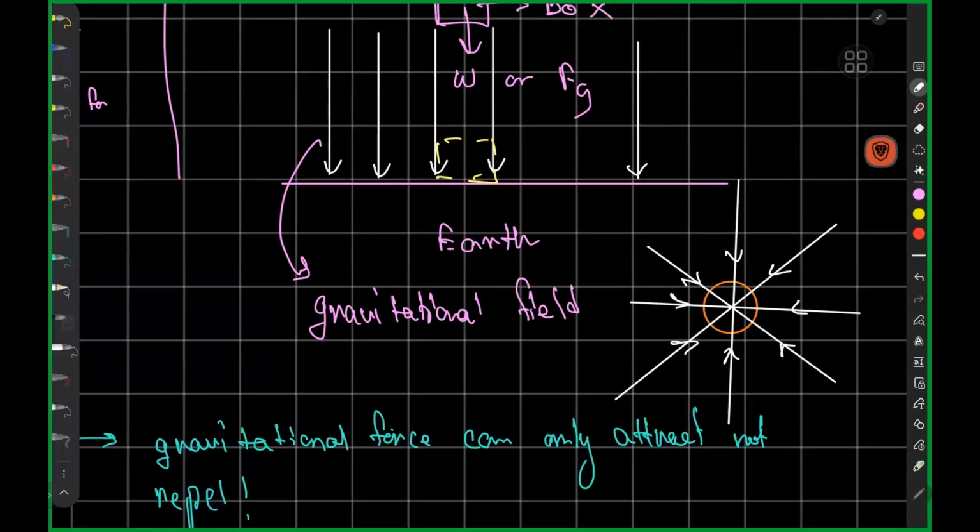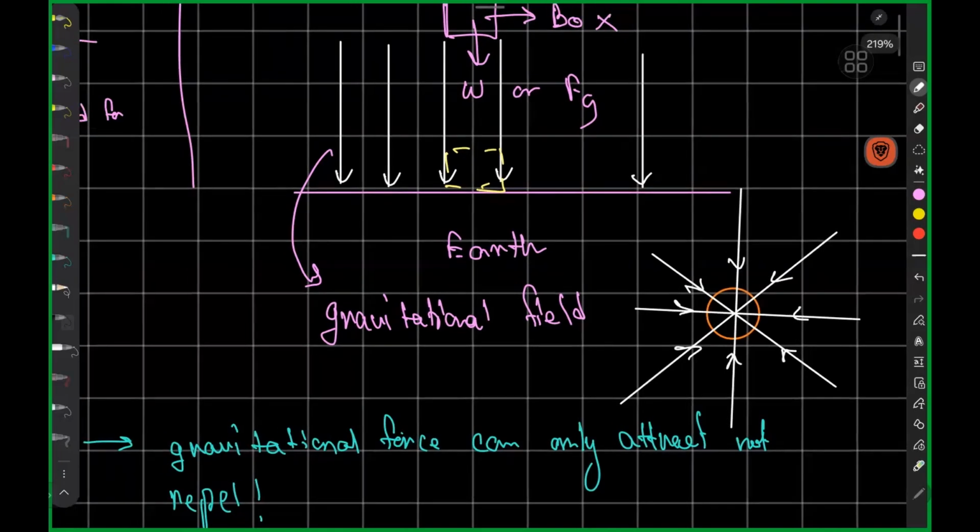It will have its own gravitational field. Now what I wanted to show you is, when I draw these big field lines, what do you notice? Are these field lines parallel, or are they sort of moving away from each other?